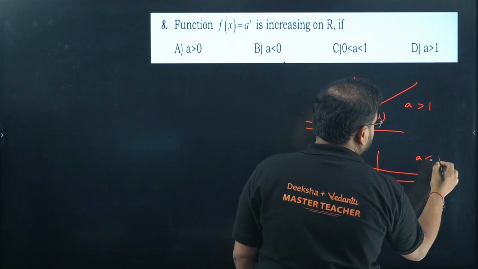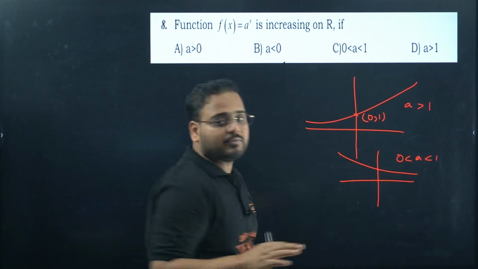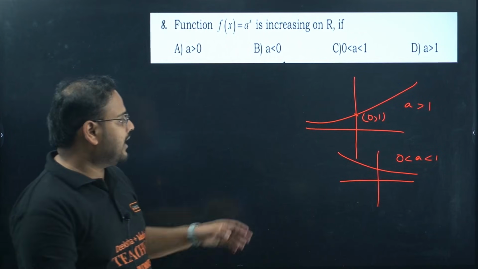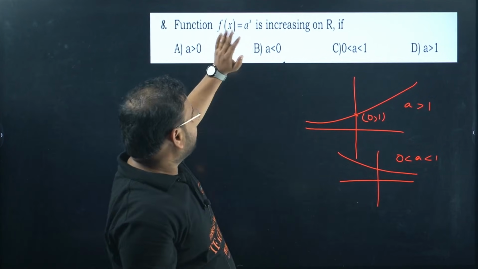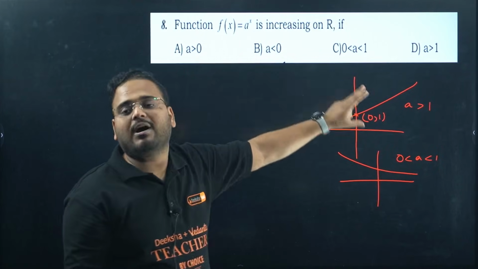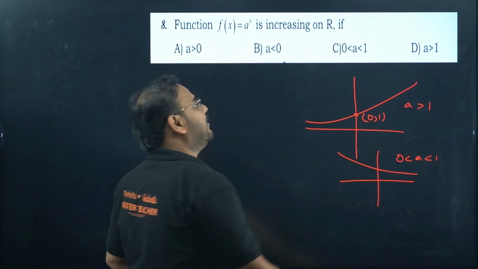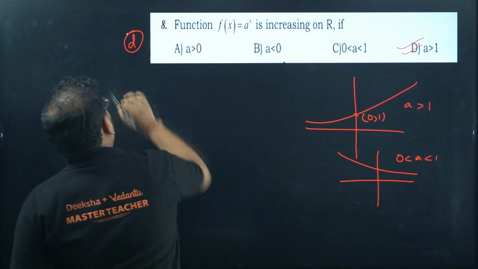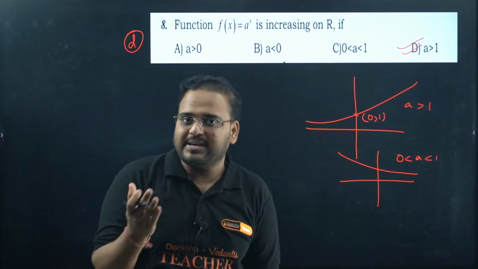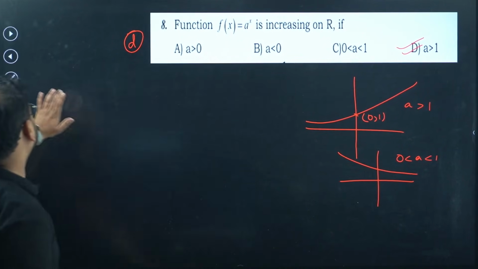This is less than 1 and more than 0. Less than 1 and more than 0, the exponential function decreases actually. But if you are looking for an exponential function which is increasing in nature, you have to take value of a more than 1. Hence option D is the right choice. Again, definition based question, but very good problem.